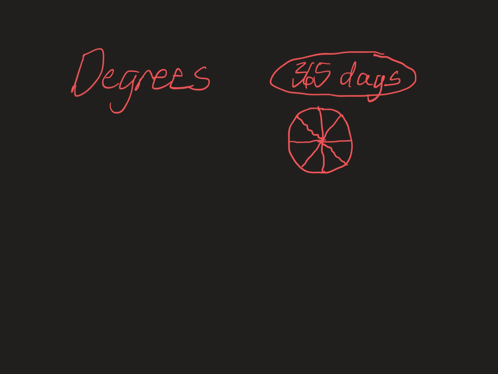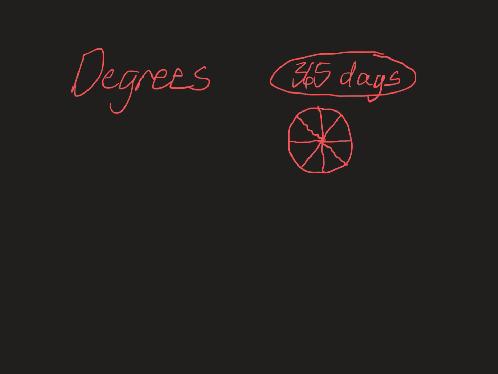The other thing is that the number 360 is divisible by 2 and 3 and 4 and 5 and 6 and 45 and 60 and 90 and 180. Lots of numbers go into 360. It's a really, really nice number.